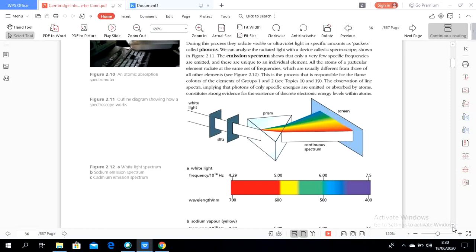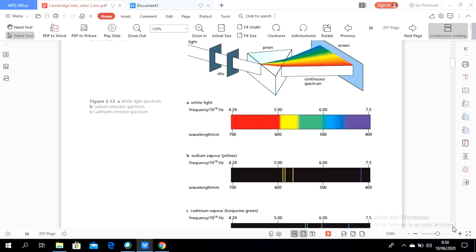So each element has its own frequency in the spectrum of light, which lets people see what color the element is. For example, sodium vapor is yellow, and the frequency is on the order of 10 to the power of 14.